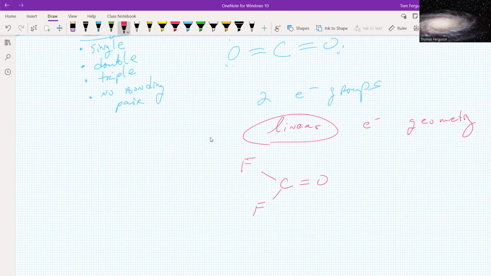Okay, let's look at this guy. How many central atoms are there? One, that carbon in the middle.